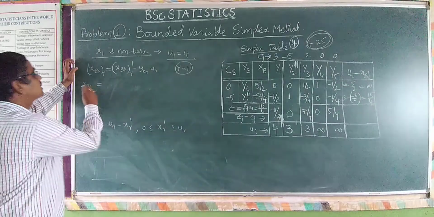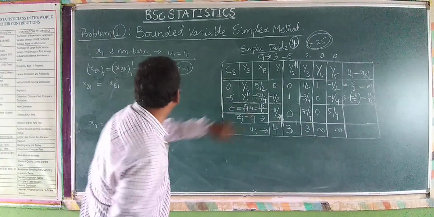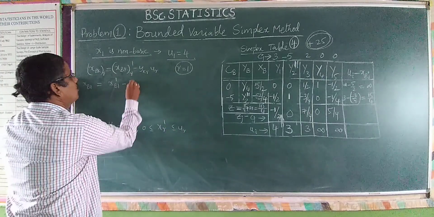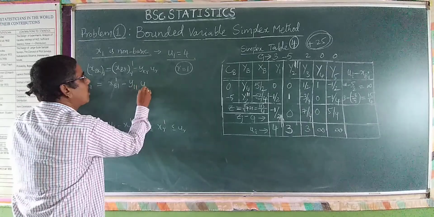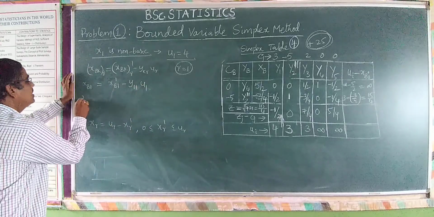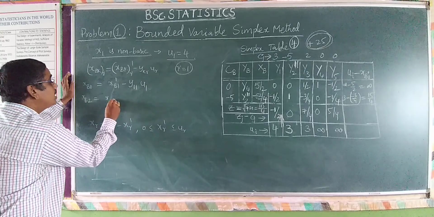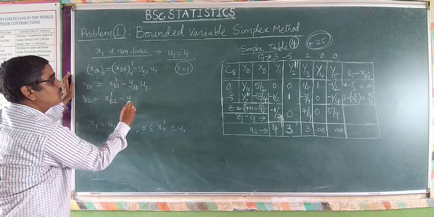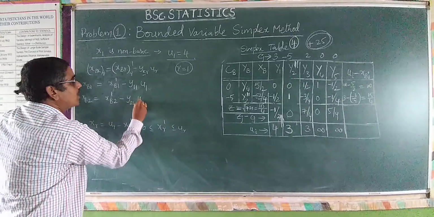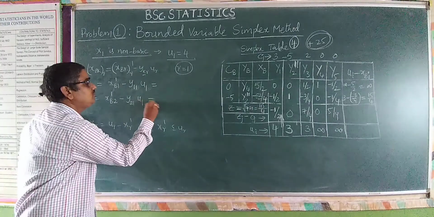So xb1 is equal to xb1 dash, that is 5 by 2, minus, with k is equal to 1, r is equal to 1, y11 u1, that is the first one. Similarly, second one, xb2 is equal to xb2 dash, with k is equal to 2, minus y21 multiplied by u1. These are the 2 particular values you have to calculate, that's all.